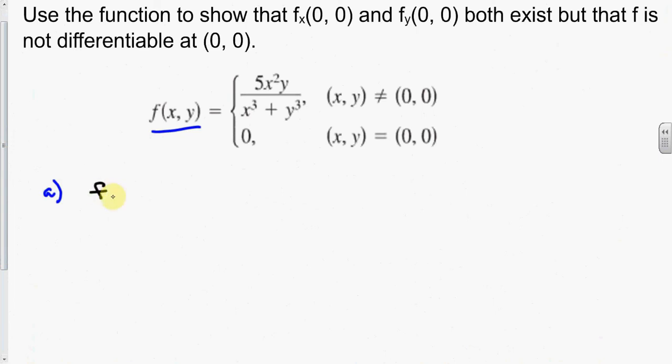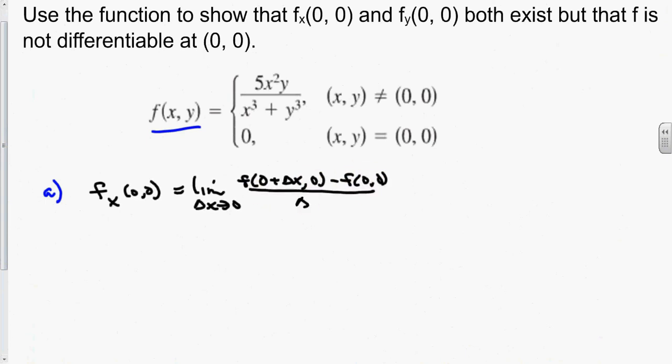So we're going to show, for the first part, that these partial derivatives exist. We use the definition. This is the limit as delta x goes to 0. Remember, this is f of x plus delta x comma 0, minus f of 0 comma 0, all over delta x.